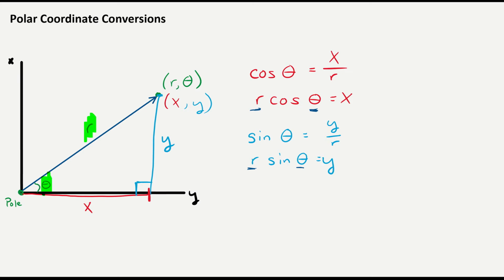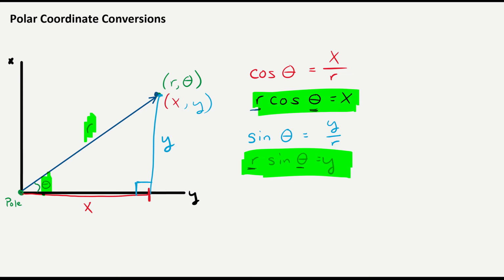So when I'm converting from polar to rectangular, I just need to know those two formulas to figure out the x value and the y value. That allows us to take a single point and find what its location would be in polar coordinates. It would be in the exact same location right there. It's just how I would label it would be different, depending on the r and theta value or the x and y value.